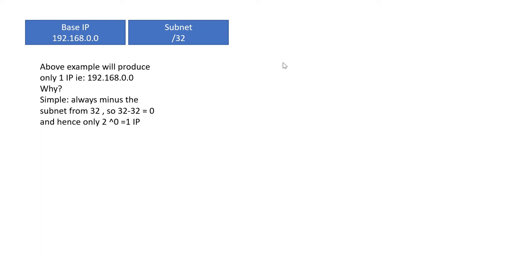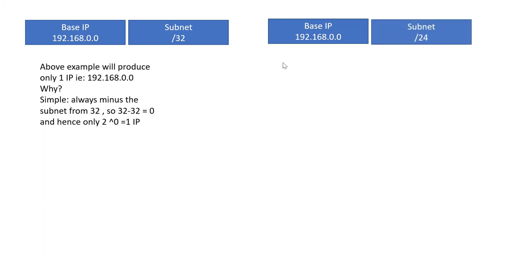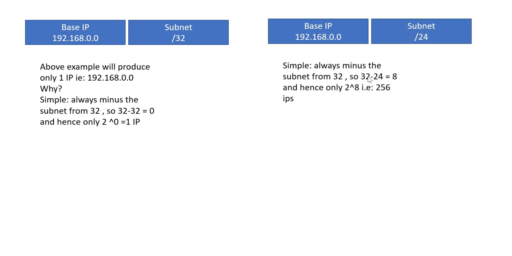Similarly, in the next example, if you see /24, you subtract 24 from 32, you get 8. 2 to the power 8 is 256. This will give you 256 IPs. So the formula is simple, right? You subtract the subnet from 32. Let's see one more example.